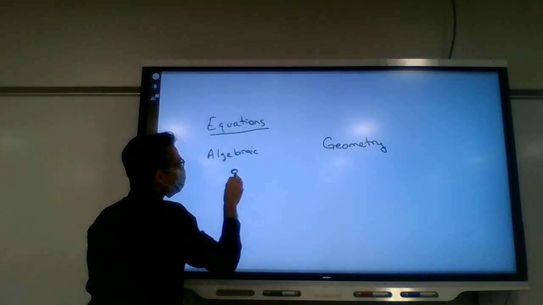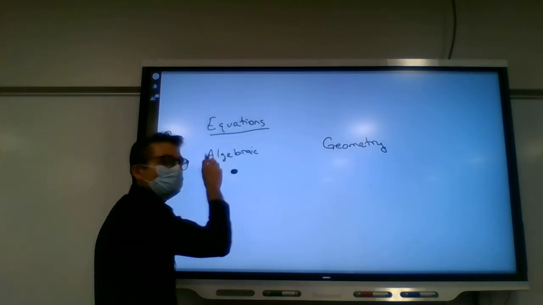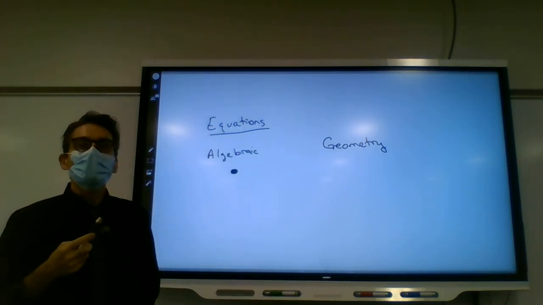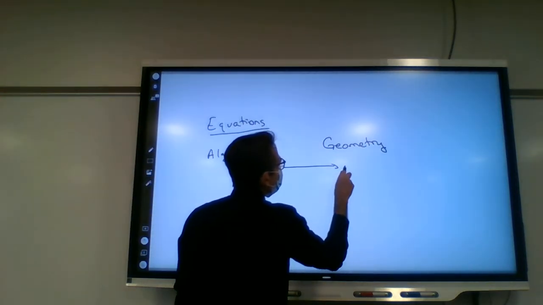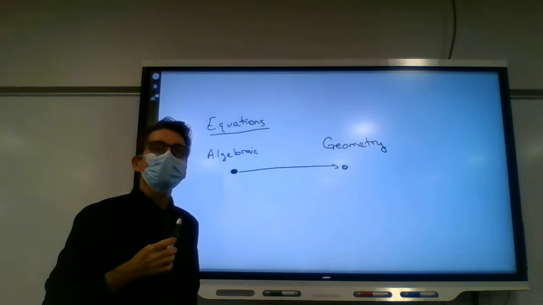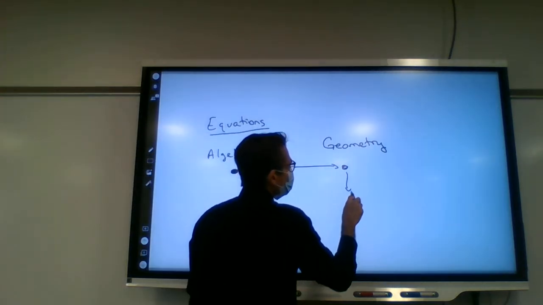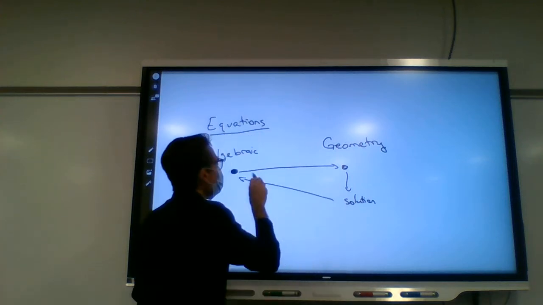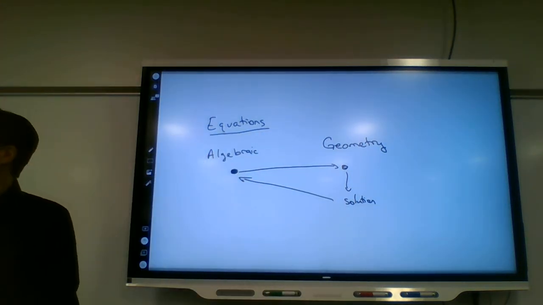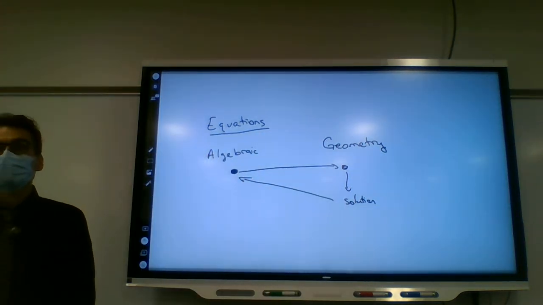And so what happens sometimes? Sometimes you have an algebraic problem that you're trying to solve, some equation, and it's difficult. So what do you do? You draw a picture of it, analyze the picture to come up with a solution, and then send that answer back as a solution to the algebraic problem.